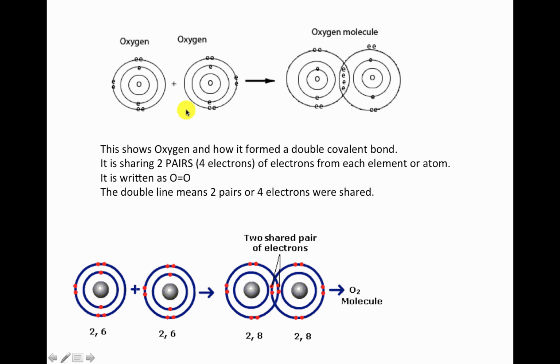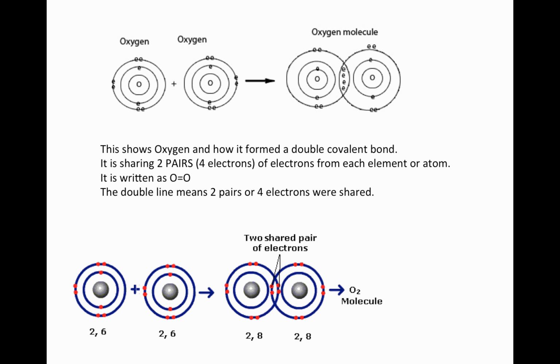So these 2 oxygens are going to join together in a double covalent bond, and they are going to now be sharing 4 electrons, 2 pairs, which means a pair of electrons are 2 from 1 oxygen, and 2, or a pair, from the other oxygen, just like a pair of socks.